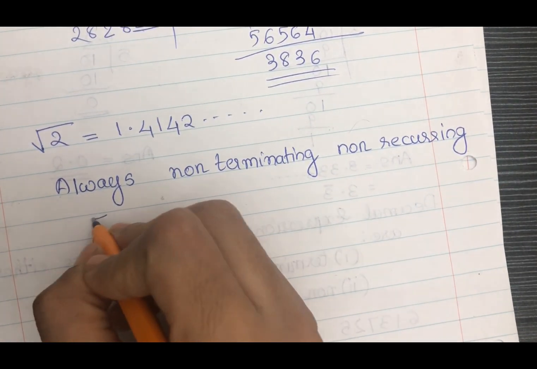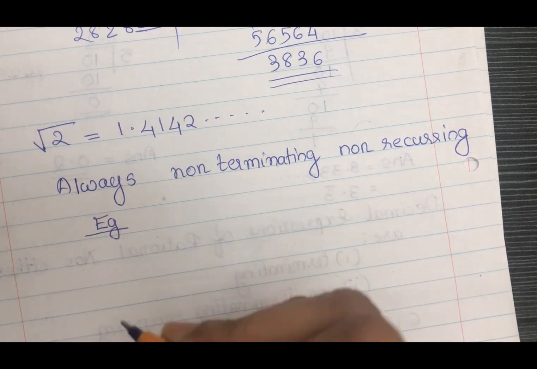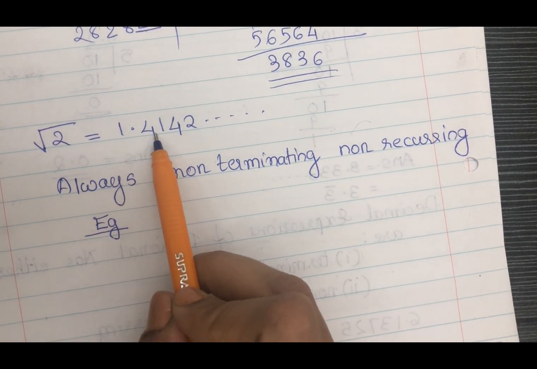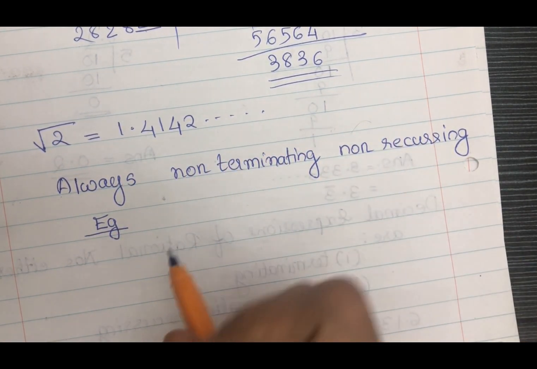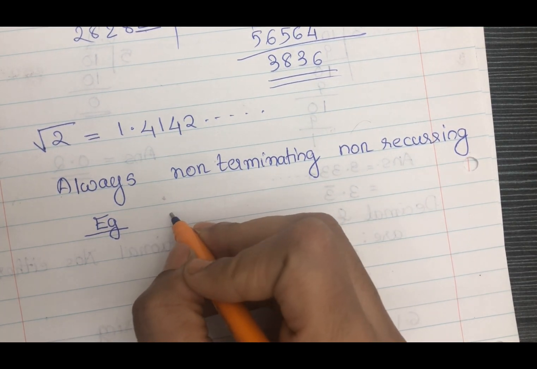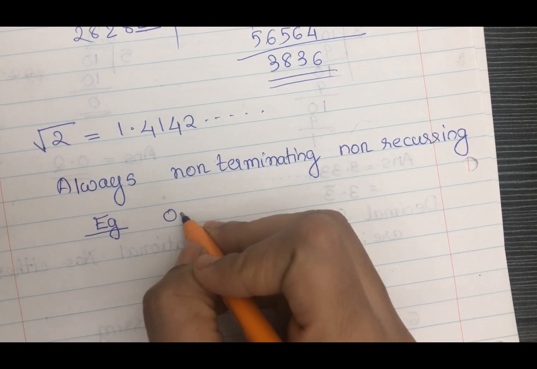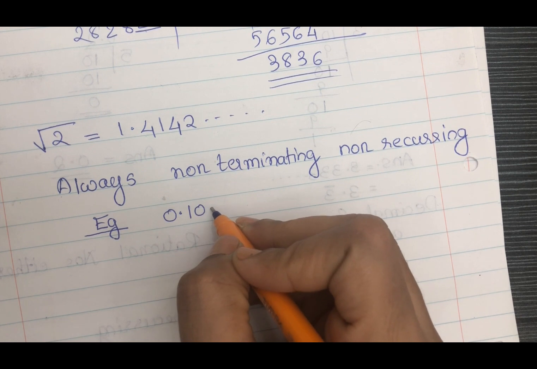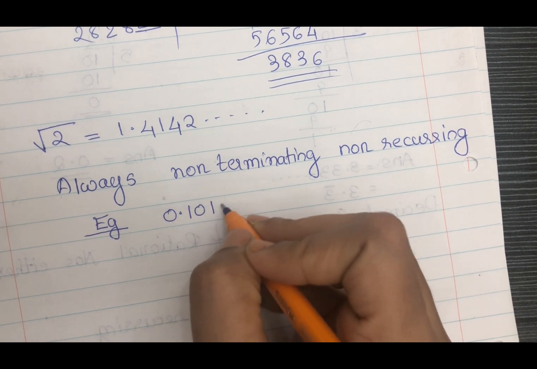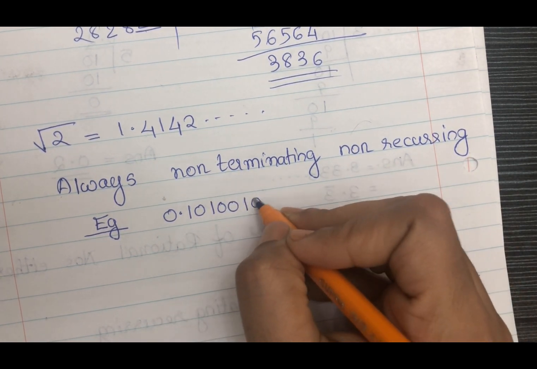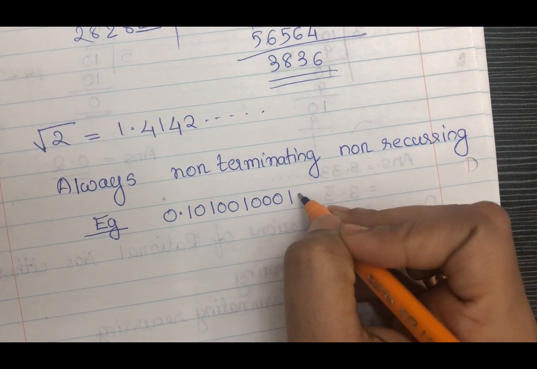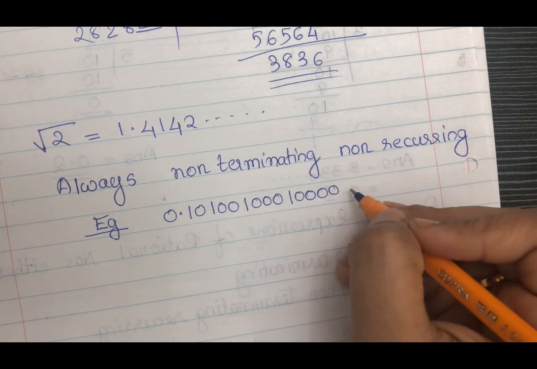For example, you know root 2, right? 1.4142 and so on. And for example, we can give 0.10100100010000 and so on.